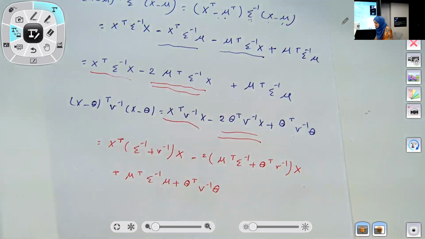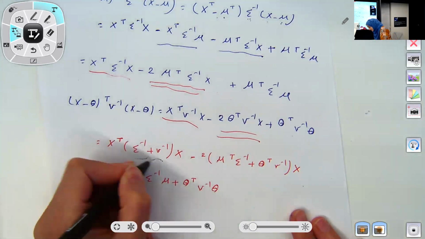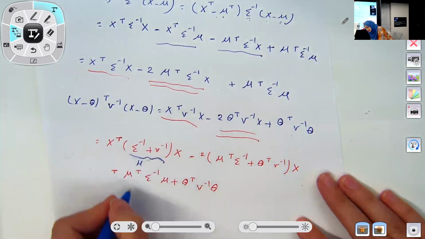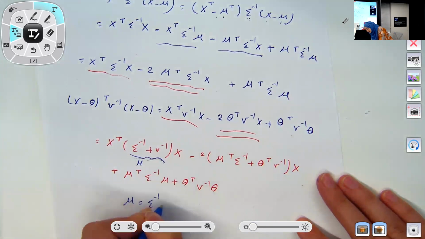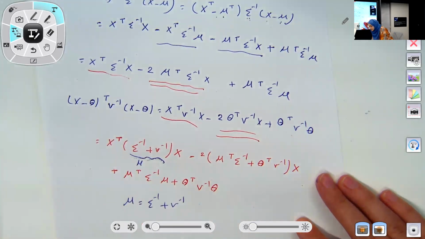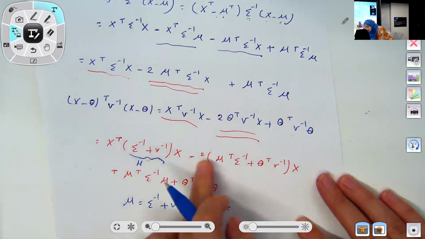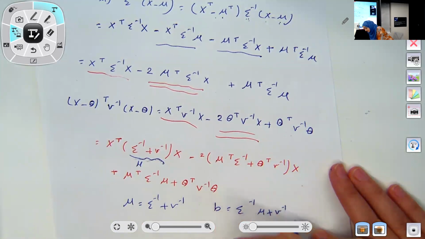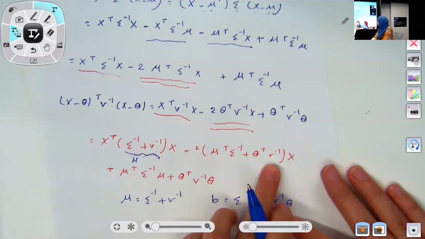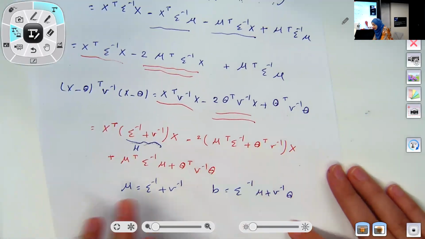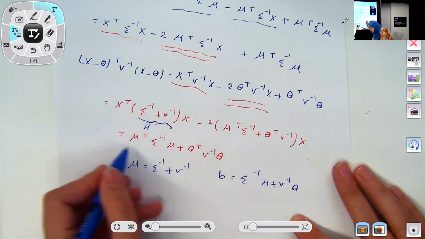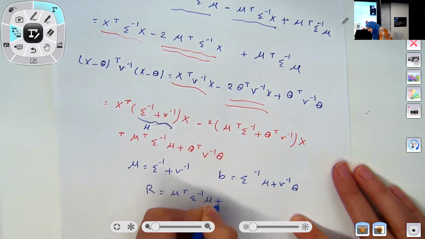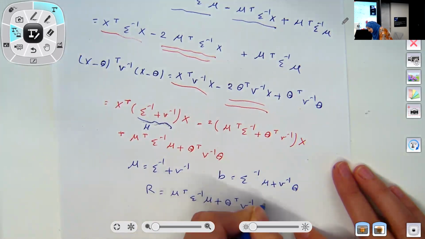We can call this one M. So we can suppose that M equals sigma inverse plus V inverse. And we can write B as the transpose of this part, which equals sigma inverse mu plus V inverse theta. You just need to take the transpose of this part. And R is a constant, the last one: R equals mu transpose sigma inverse mu plus theta transpose V inverse theta.